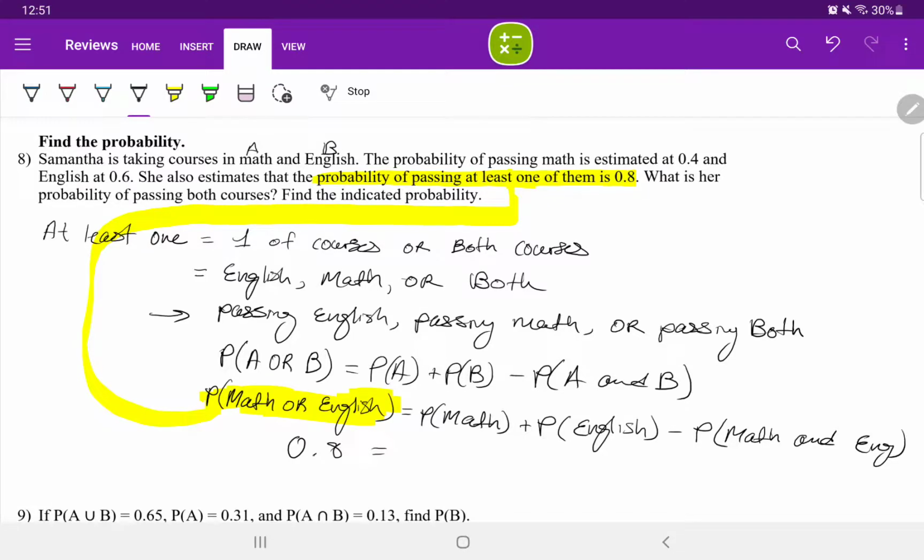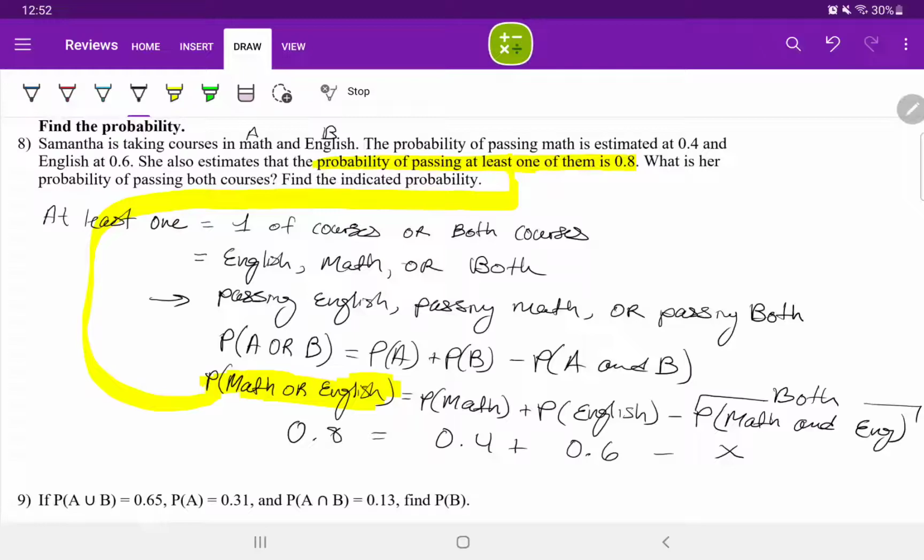And 0.8 will equal the probability of passing math, which is 0.4, plus the probability of passing English, which is 0.6, minus the probability of math and English, which I want to find, which is both right here. And we're going to call that X. And believe it or not, we're going to see this again. When we look at questions, I believe 14 and 15, we're going to see those again. These numbers, this same setup.